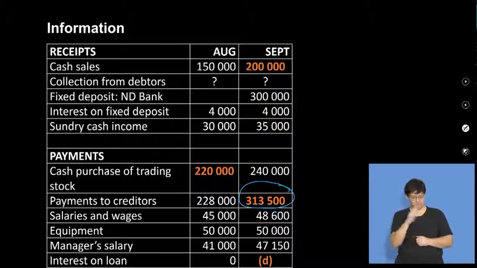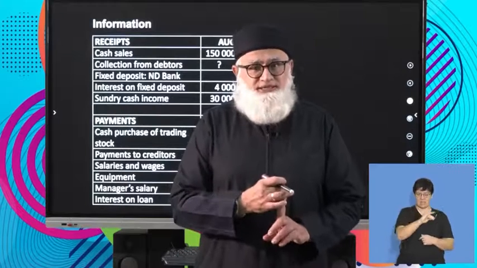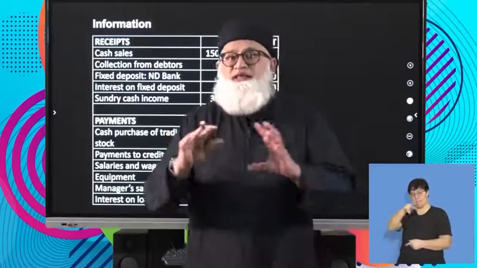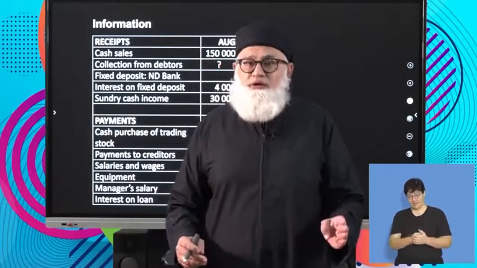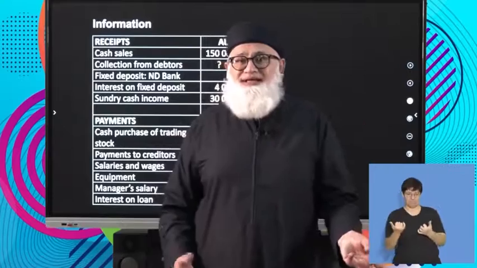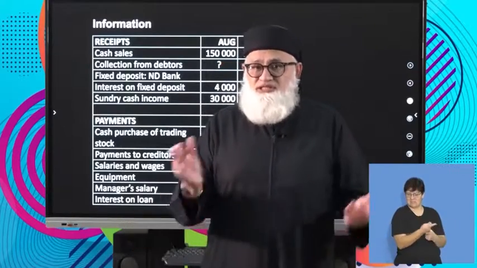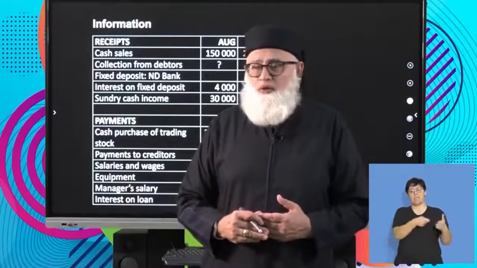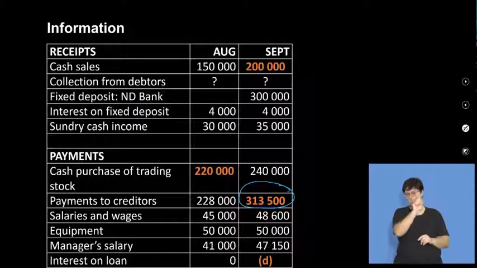That when you are working out your cash purchases or your payments to creditors, the figure that you finally work with is the purchases figure, right? But like I alluded to early on, depending on the information that is given to you, very often examiners ask you to first calculate the cost of sales and then move on to the purchases, but obviously depending on the question.